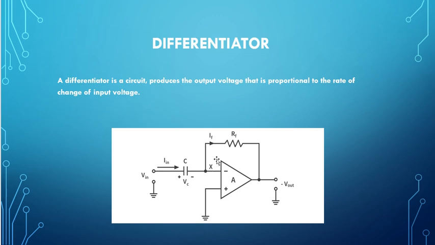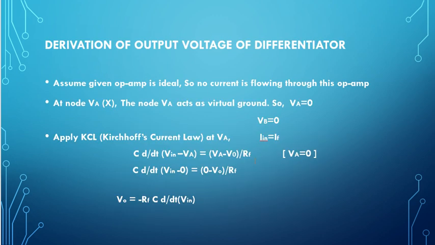So IF is equal to (VA minus V out) by RF. V out is equal to V naught. So IF is equal to (VA minus V naught) by RF.